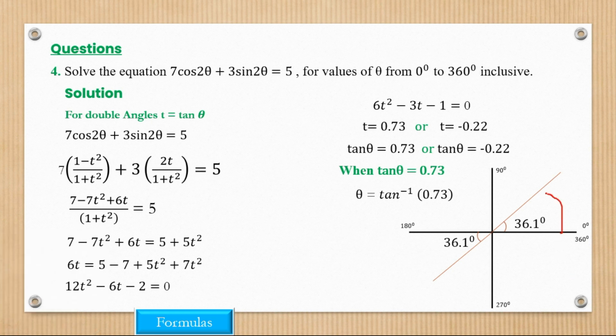Our first angle is 36.1, and our second angle is 180 + 36.1, which is 216.1. In this example, we get θ directly. So that becomes our final answers for when tan θ is 0.73.